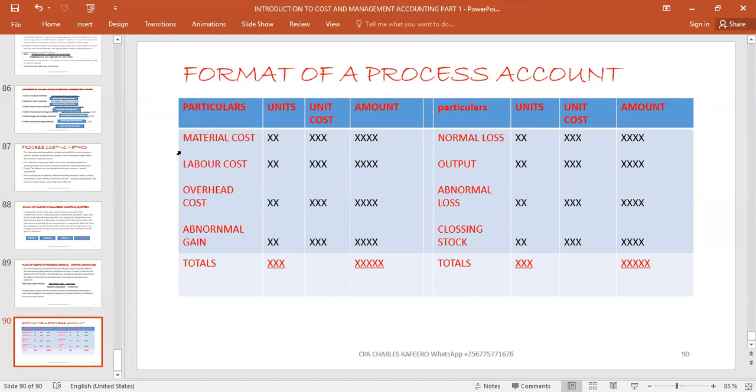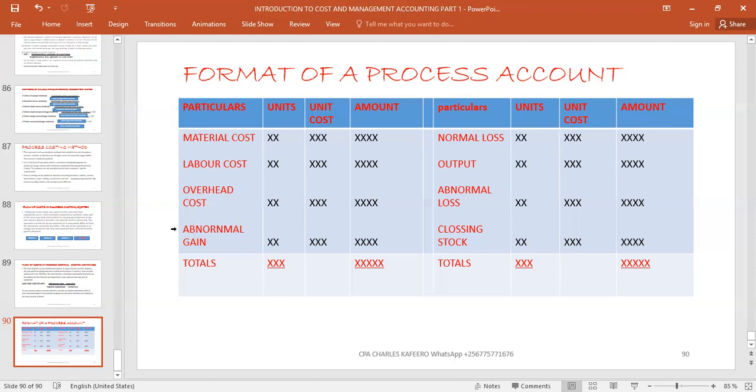We said we debit this process account with all the costs we've incurred. These are the costs: material costs, labor cost, overhead cost. If we had even the direct expenses, we also put them, so long as they are expenses and we've incurred them in the production, you debit them.